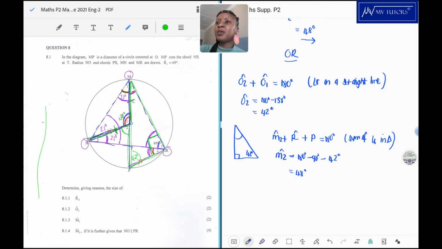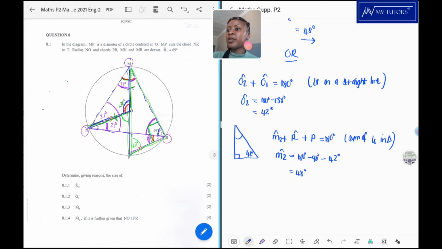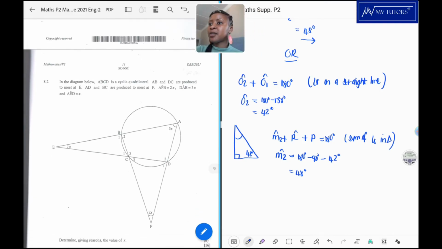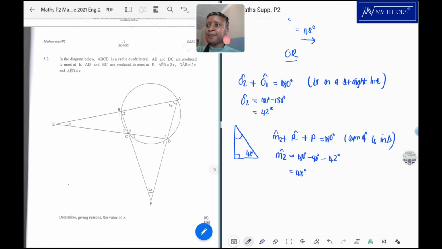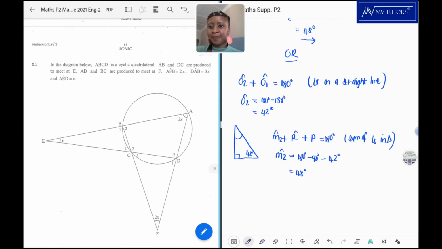So now we get to the second portion of question 8. Still gonna scribble a bit. Sorry about that. So in the diagram below, ABCD is a cyclic quad.